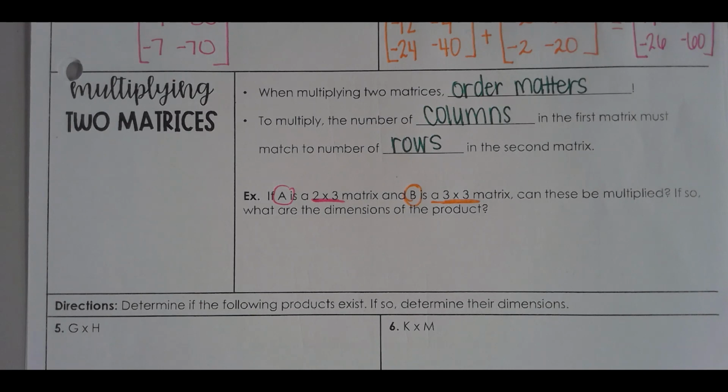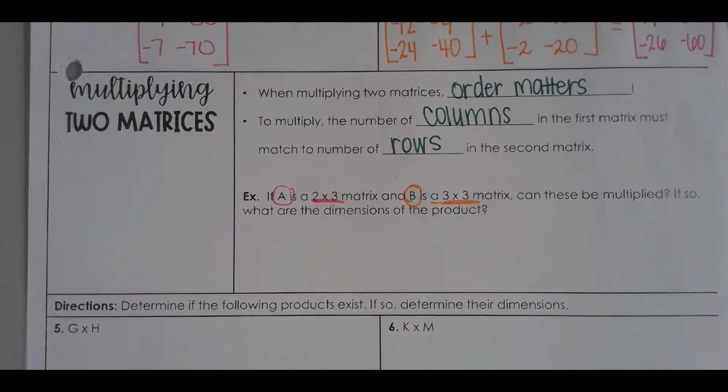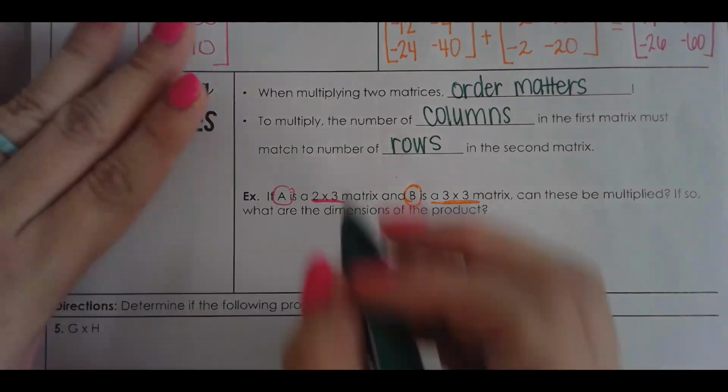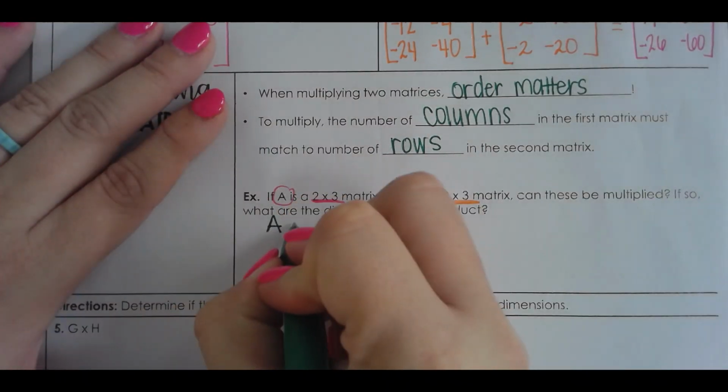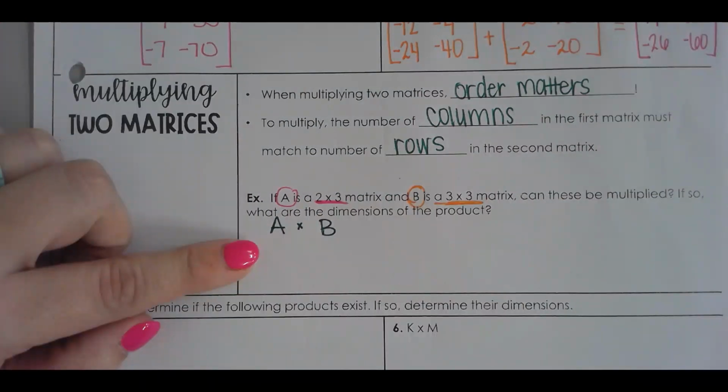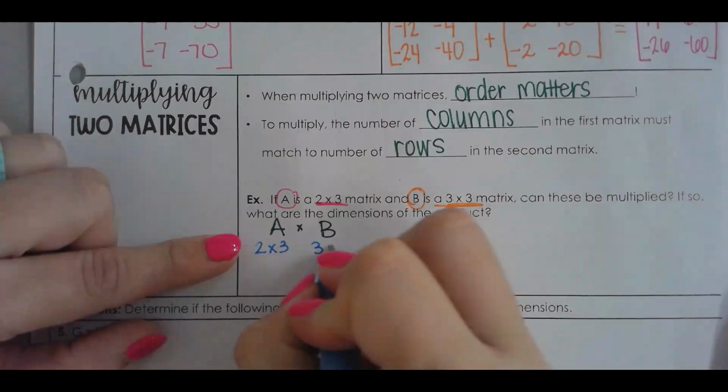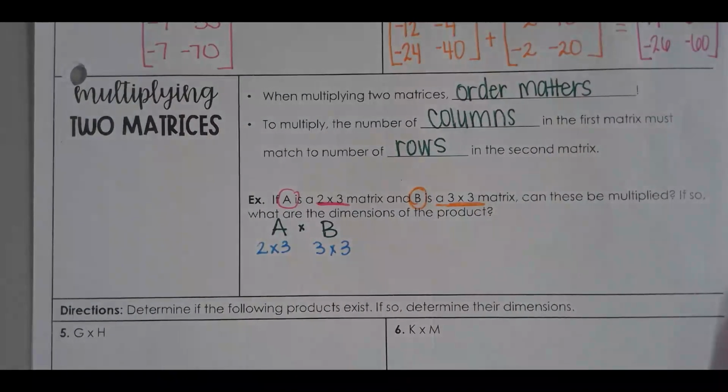You can't just multiply any two matrices you want. So let's see if we can multiply A times B. Write the dimensions of matrix A and of matrix B side by side.